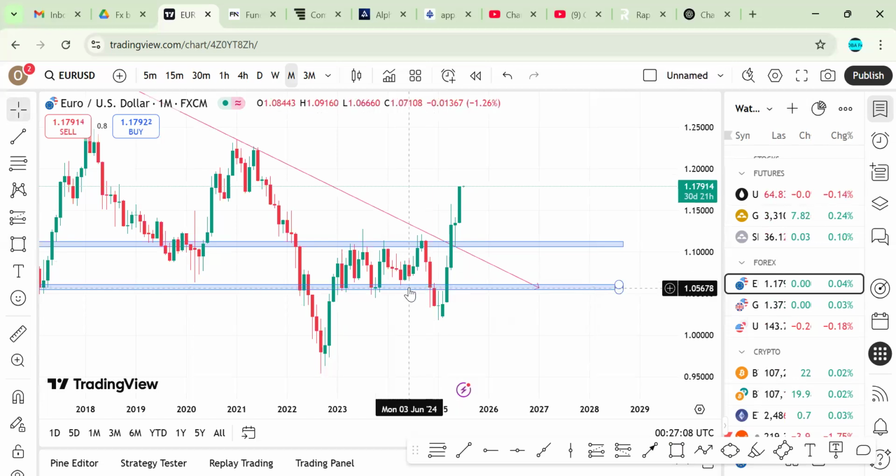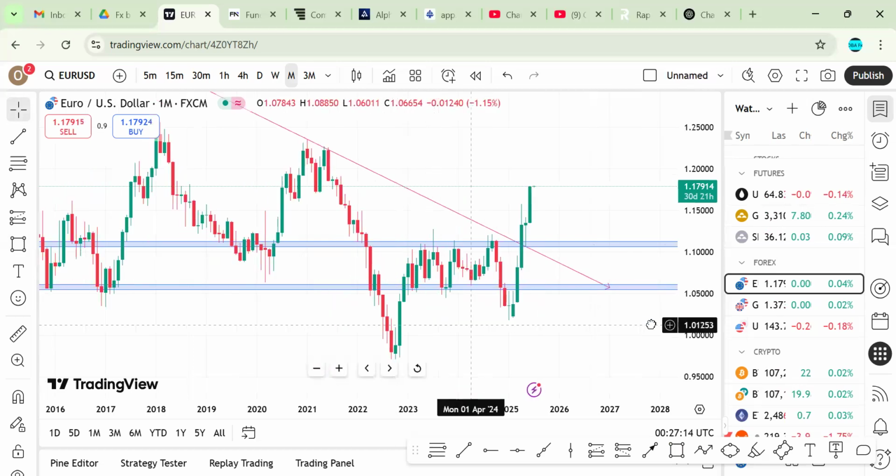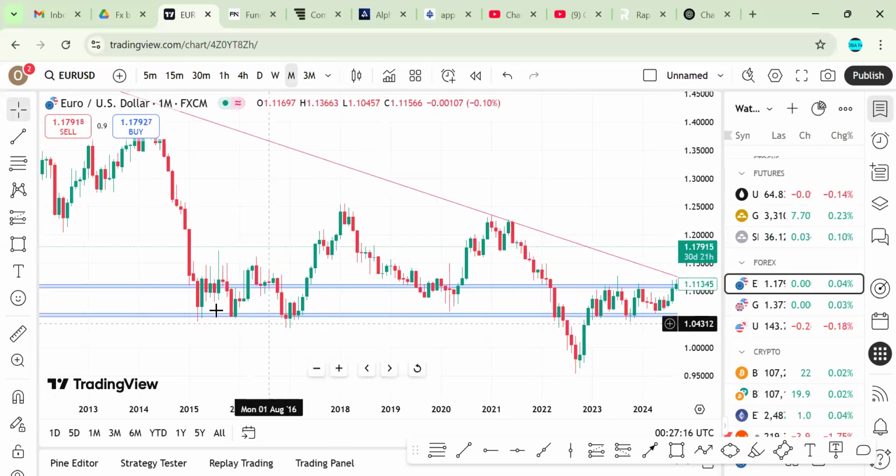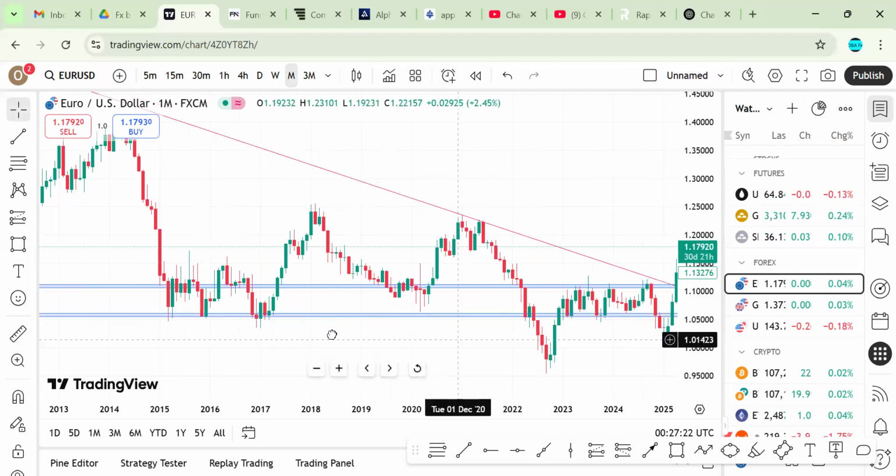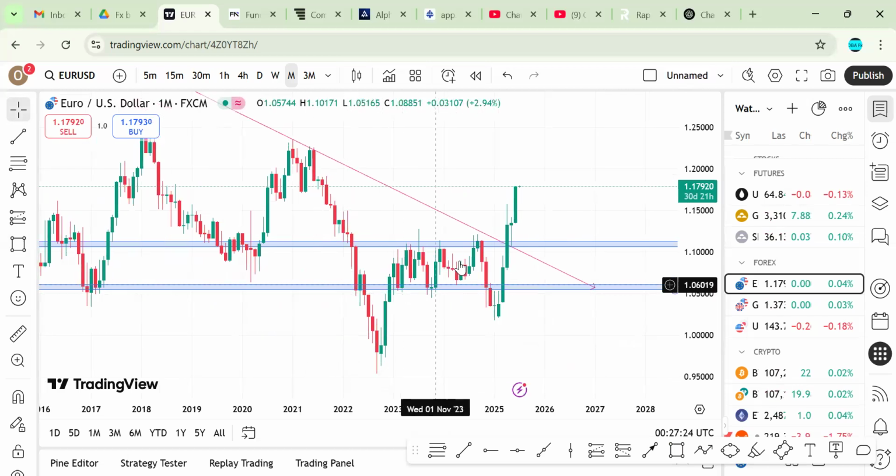Then this zone that acted as resistance for a while suddenly became what? A support. So for several months, this zone that I just put out here acted as a support, and then for a while acted as a resistance. It has just been broken and is going upwards.